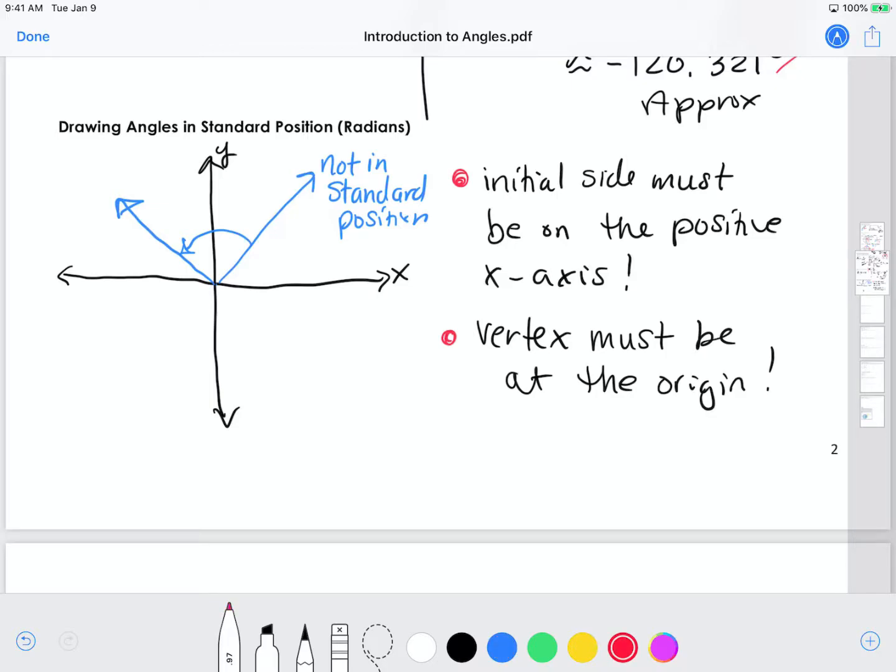If I draw an angle where it starts on the positive x-axis and then it swings open, this is considered in standard position. Okay, so the vertex has to be at the origin and the initial side has to be on the positive x-axis in order for it to be considered in standard position.